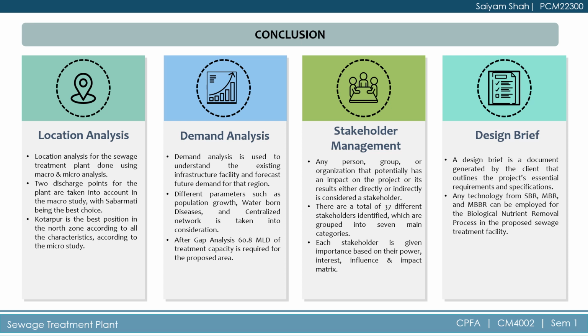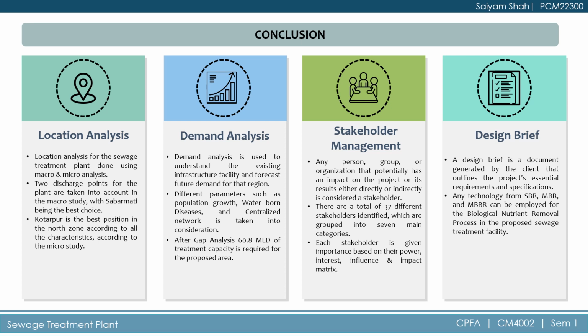In demand analysis, different parameters such as population growth, waterborne disease, and centralized network are taken into consideration. After doing the gap analysis, 60.8 MLD of sewage treatment capacity is required from 2021 to 2041, because any sewage treatment plant will be designed for 30 years of its lifespan.